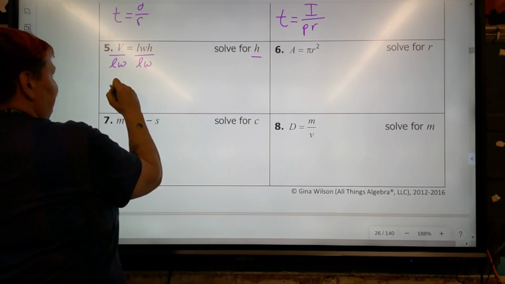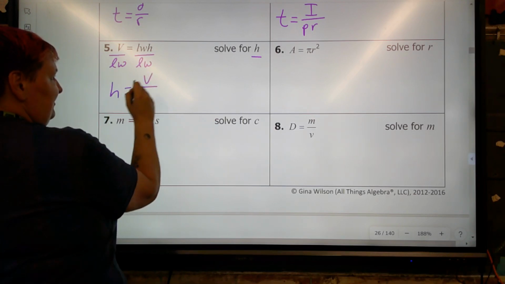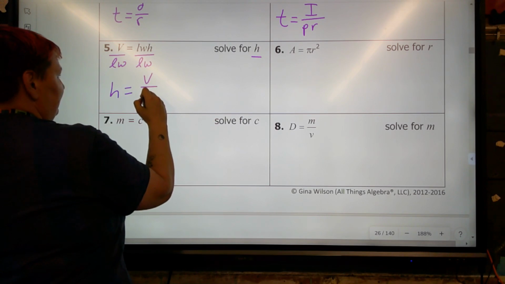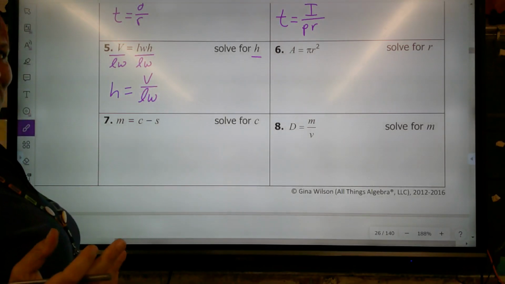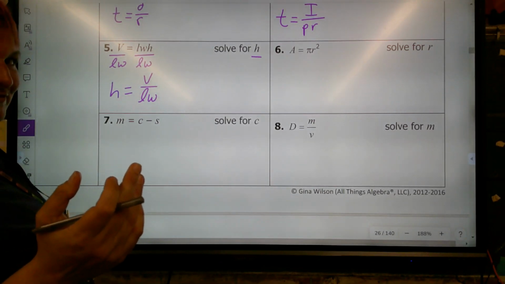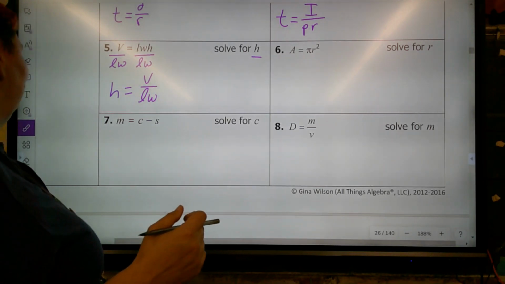We're left with H equals volume, height equals volume divided by length times width. These are formulas we know, either from geometry or from science, engineering.